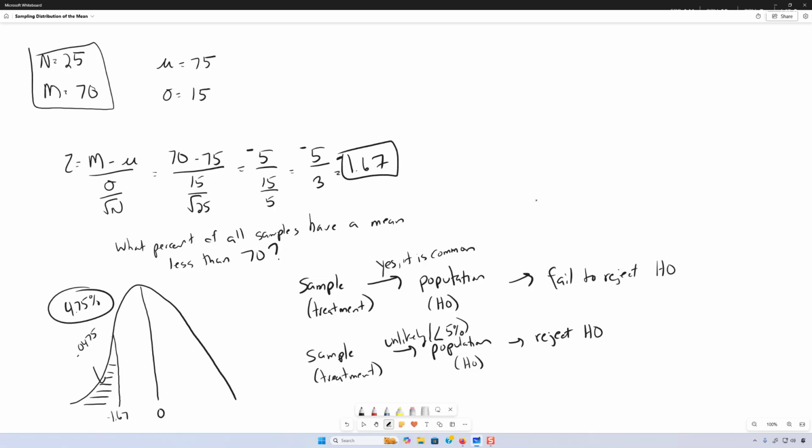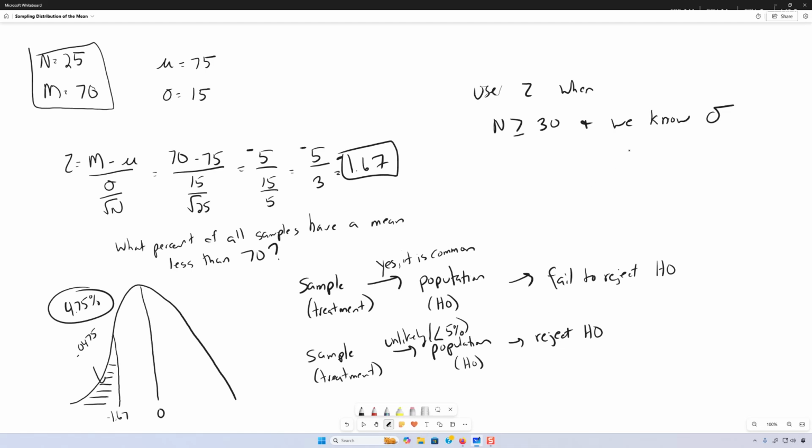Now, we're using Z when the sample size is greater than or equal to 30, and we know sigma.